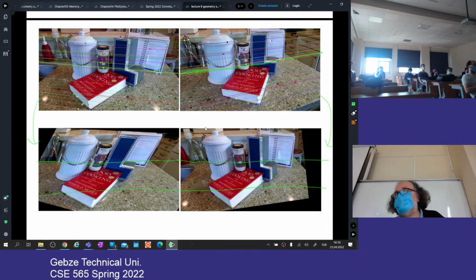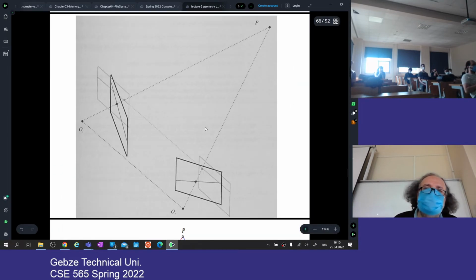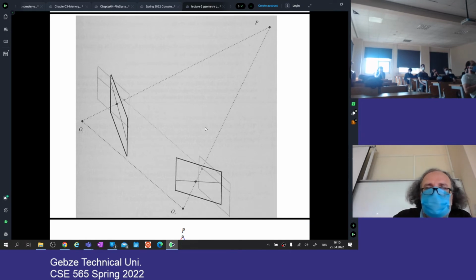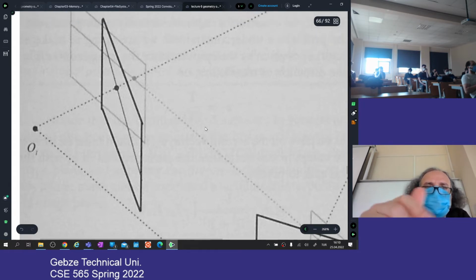That doesn't mean that I am not going to find the fundamental matrix, because this rectification is done using the fundamental matrix formulas. And this is how it is done. Let's say, just a visualization. Let's say I have my cameras. Camera number 1 is this blue one.